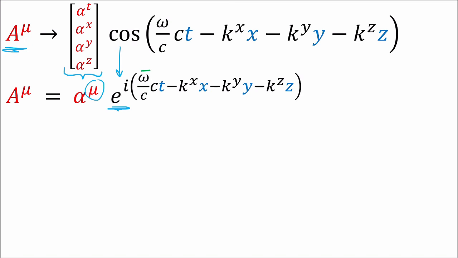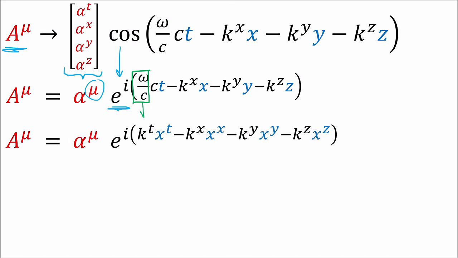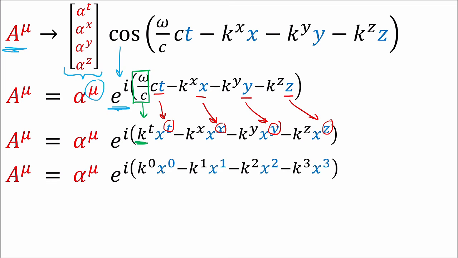It's also common to write the frequency omega over c as the time component of the wave vector, k superscript t. Here, I've also written the 4 spacetime variables time xyz using x's with time xyz superscripts. It's also common to write the 4 spacetime indices using numbers, where 0 indicates time and 1, 2, 3 indicates the spatial xyz directions.